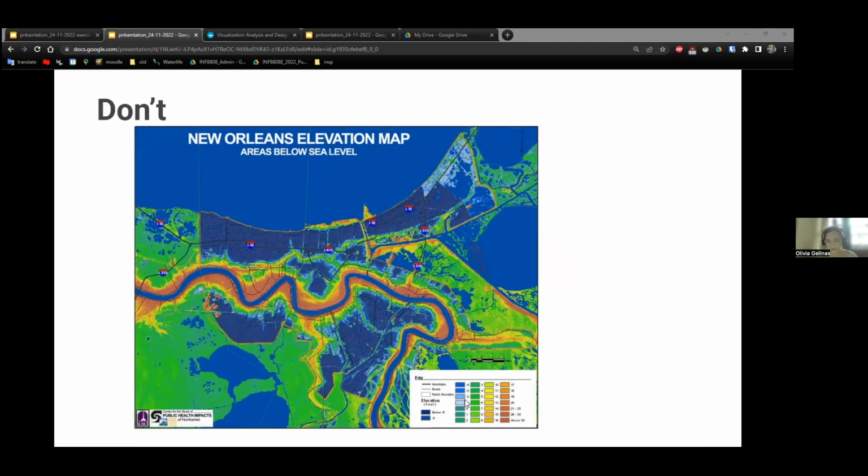And we started at -4 in blue, and then here it goes up to +30 in dark red, and it shows the elevation of the land in New Orleans. So can someone tell me here why this is not good? Or I can answer because I would like to go a little bit quicker actually.